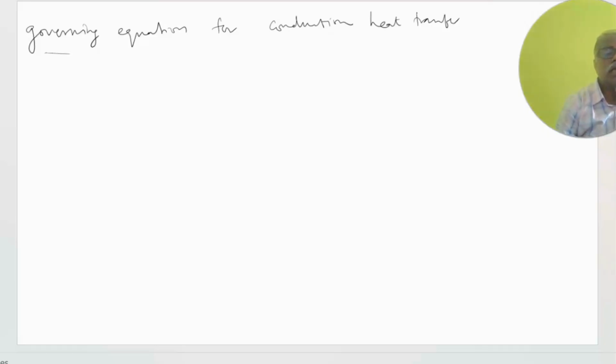The law which governs conduction heat transfer is called as Fourier law of heat conduction.